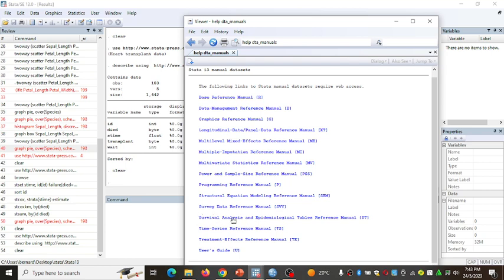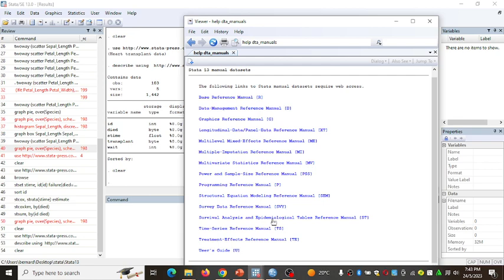So mine is STATA 14. And it says the only one I have is just survival analysis reference manual. So I don't have the epidemiological one.